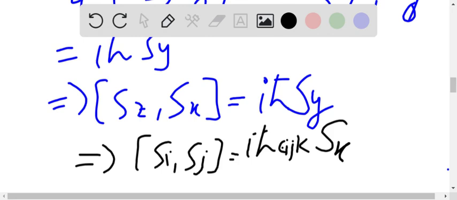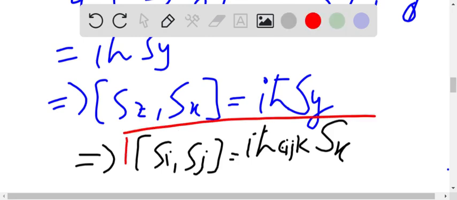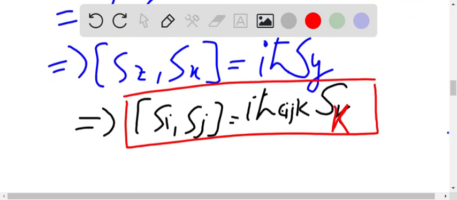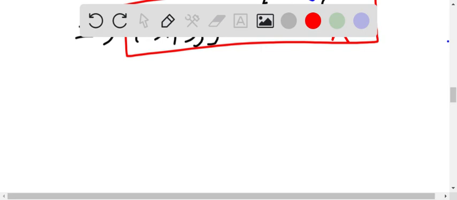So from the above three parts we conclude that the commutator of S sub i and S sub j is equal to i ħ times epsilon i j k S sub k. Fine. So now we're going to solve part B.